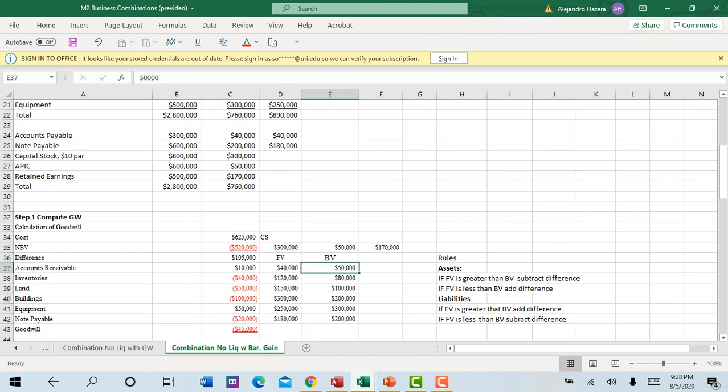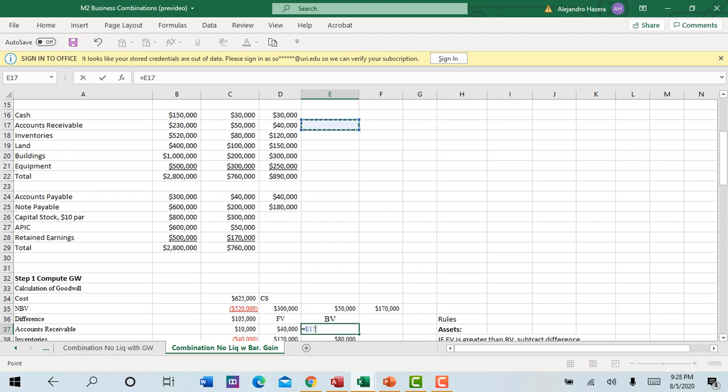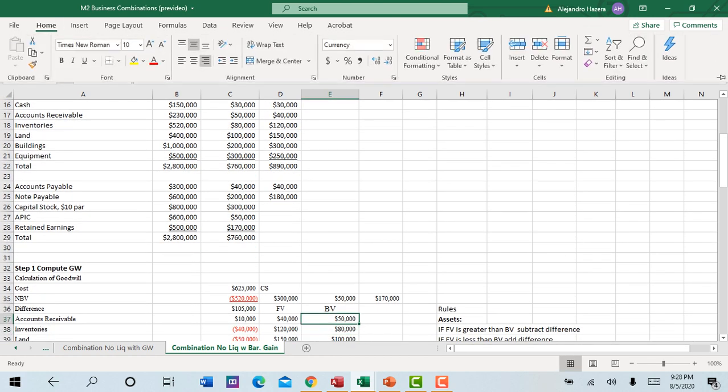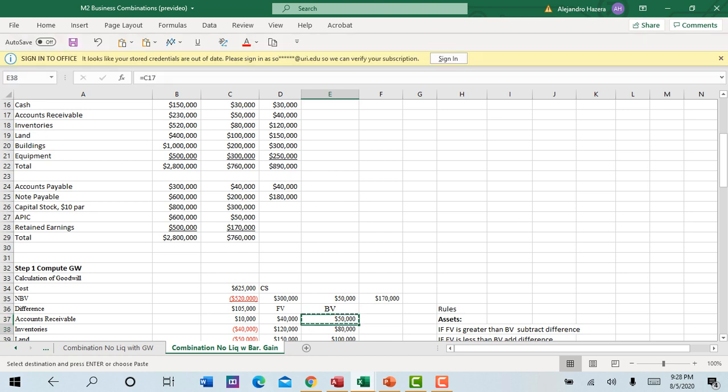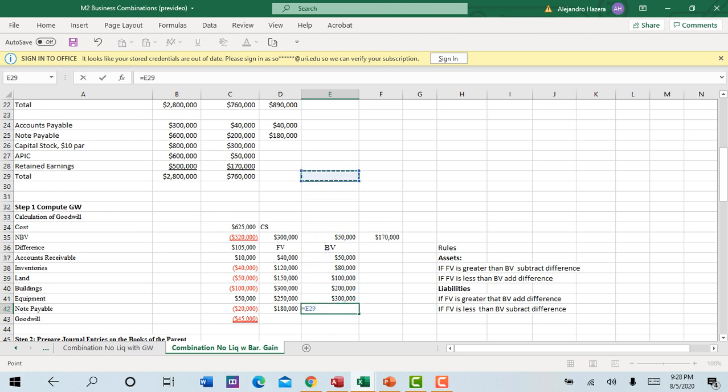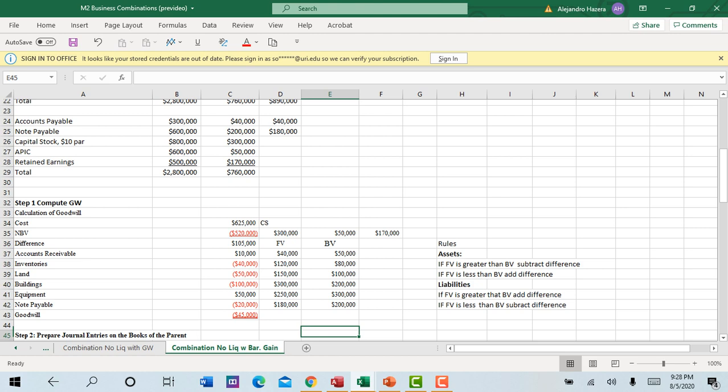Now the book values start with the book value for accounts receivable, and I'm just recreating this to make sure I got it right, by the way. Then we can copy that down up to notes payable, and the notes payable book value is 200,000.